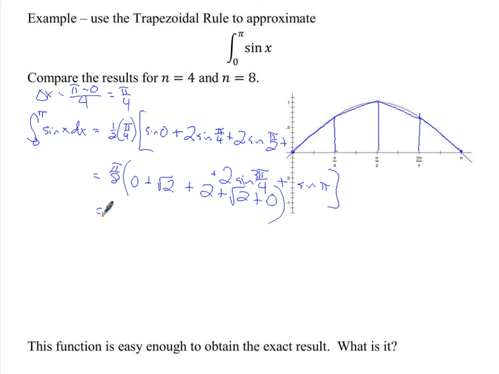Okay, so now we add all those together. We have 2 root 2's and a 2. So we have 2 plus 2 root 2 times pi over 8.